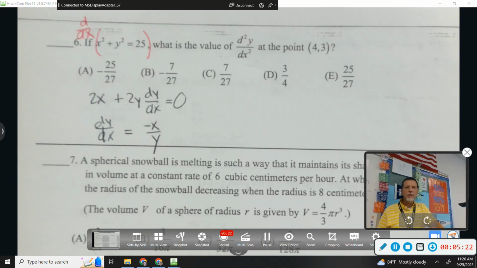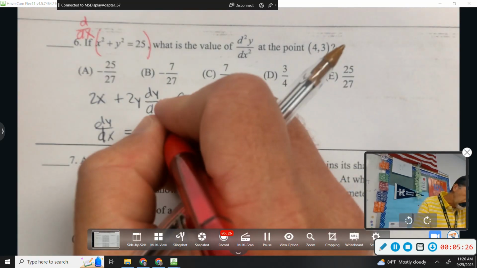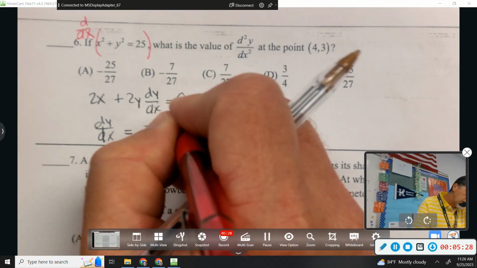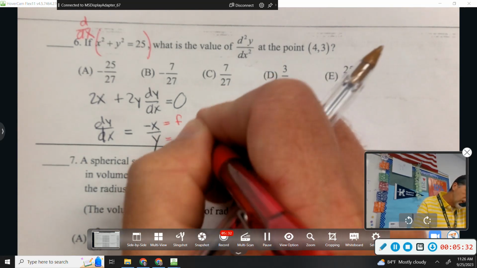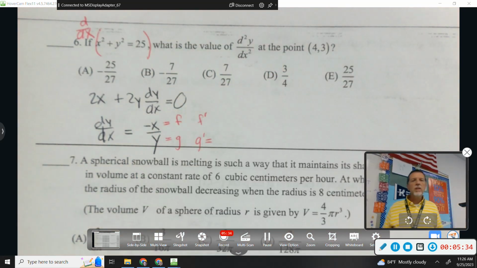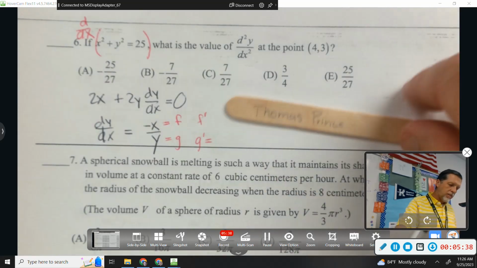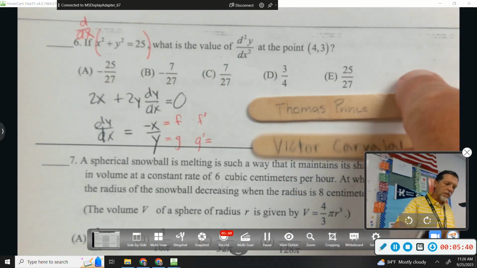But I'm only halfway done, right? Like I want the second derivative. So I'm going to call the top f and the bottom g to do the product rule. Oh, let's just keep pulling popsicle sticks here.